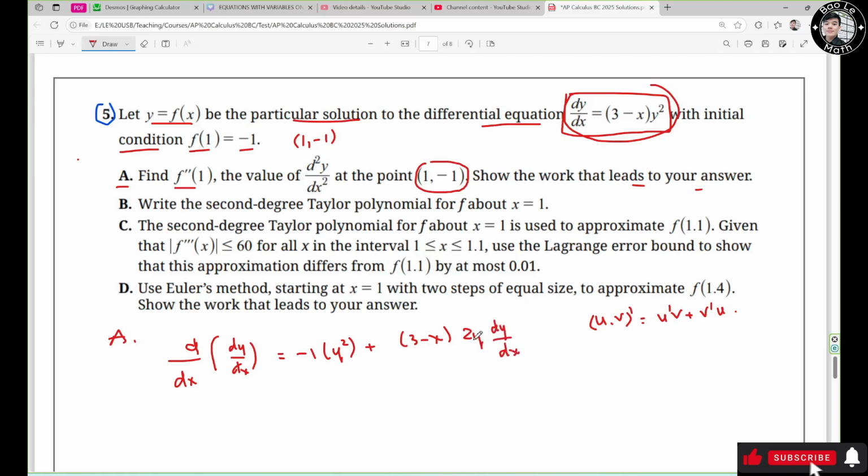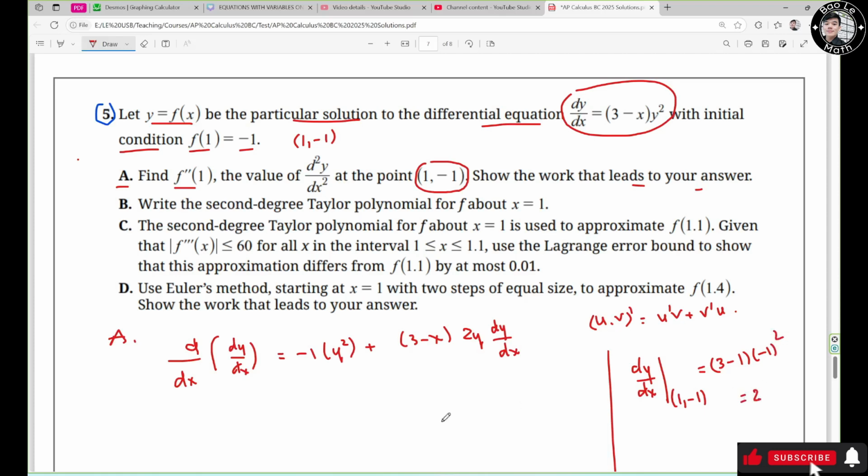Now we need to calculate dy/ds. When s equals 1, y equals -1. We substitute (1, -1) into this equation to solve for dy/ds. So it's 3 minus 1 times (-1) squared, which is 2.